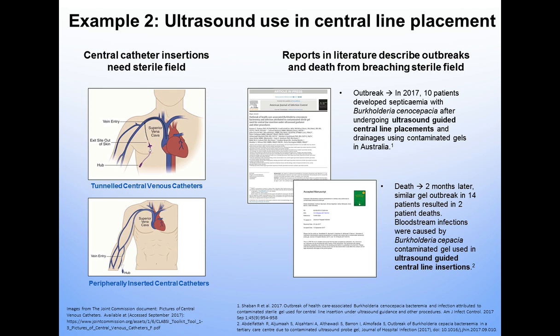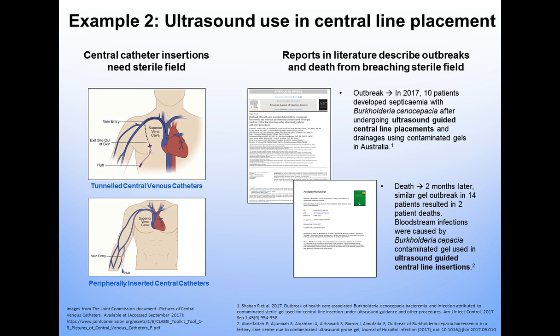But what makes this so important is that this year there have been 2 outbreaks associated with the placement of these central catheters. Earlier in 2017, and this is published in AJIC, the American Journal of Infection Control, 10 patients developed septicemia with Burkholderia cenocepacia, and they underwent ultrasound-guided central line placements.